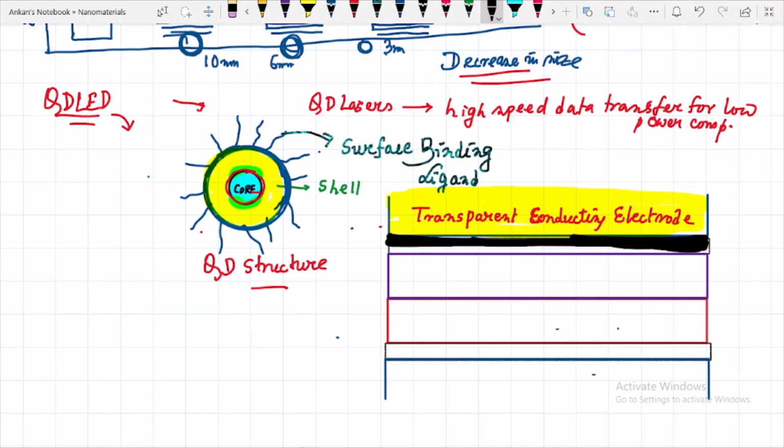After the transparent conducting electrode layer, the blocking layer is produced, you can say.